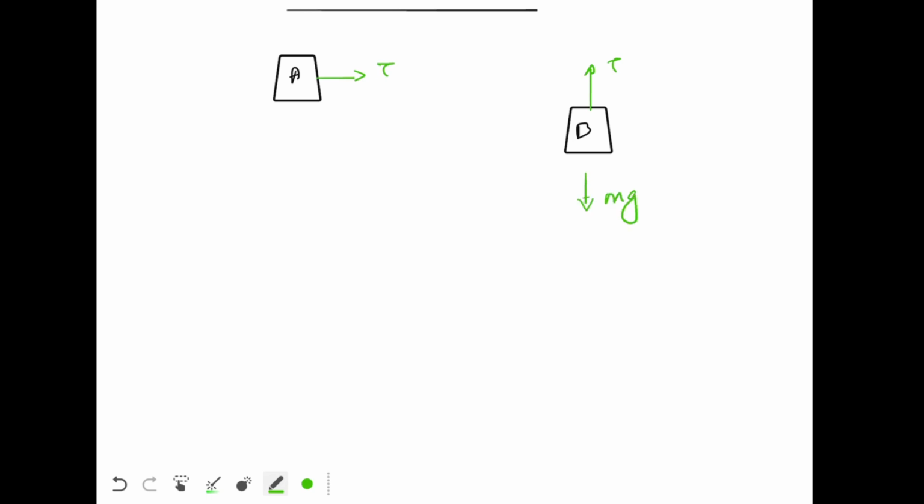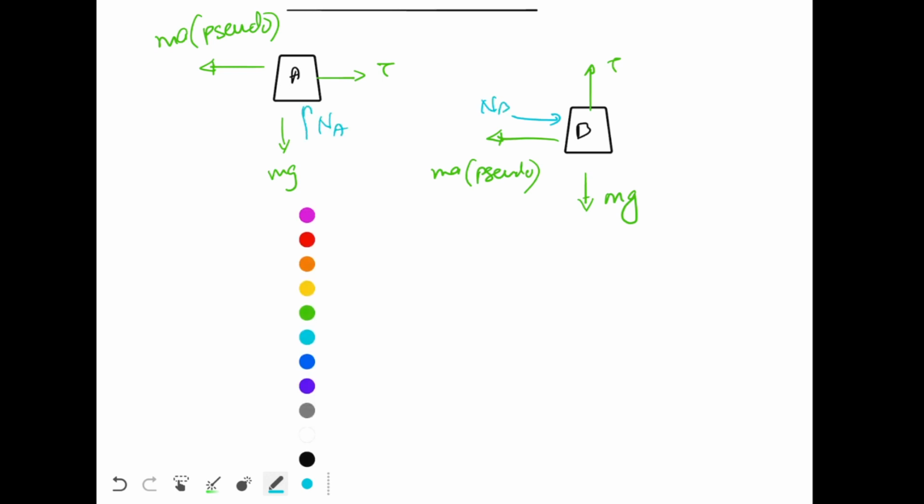Here we have mg. Then we have pseudo force, ma is pseudo force. Here also we have ma pseudo force. Then we have normal force, NB, NA. And finally we have friction.